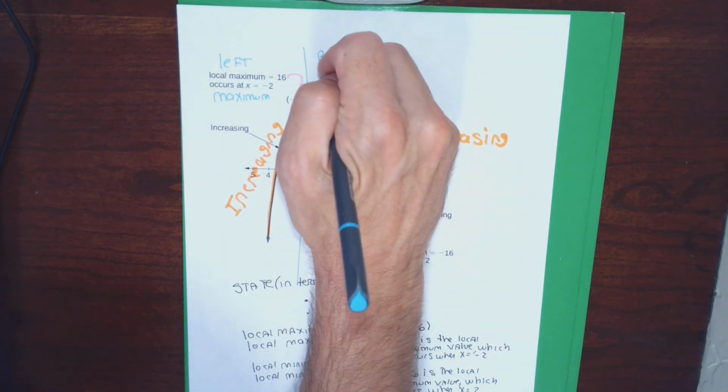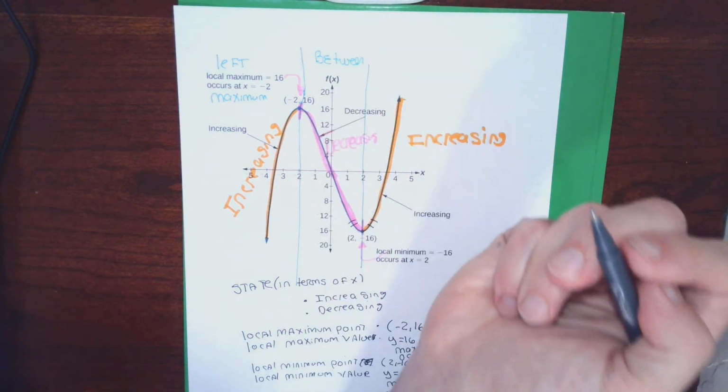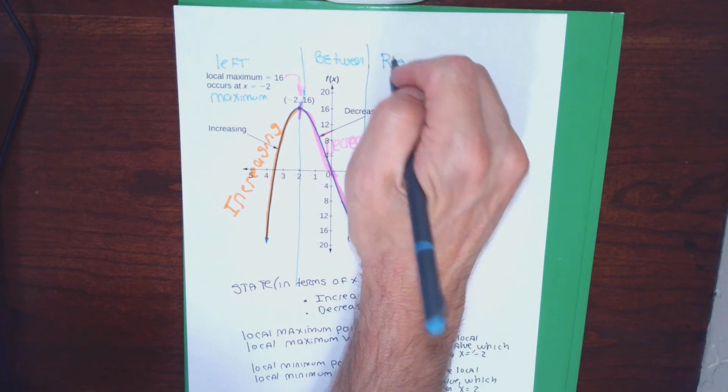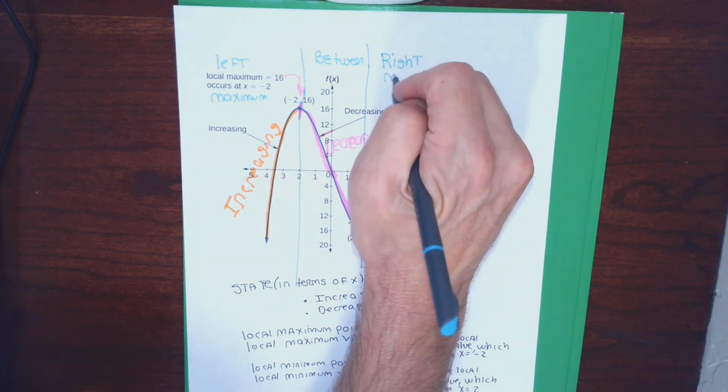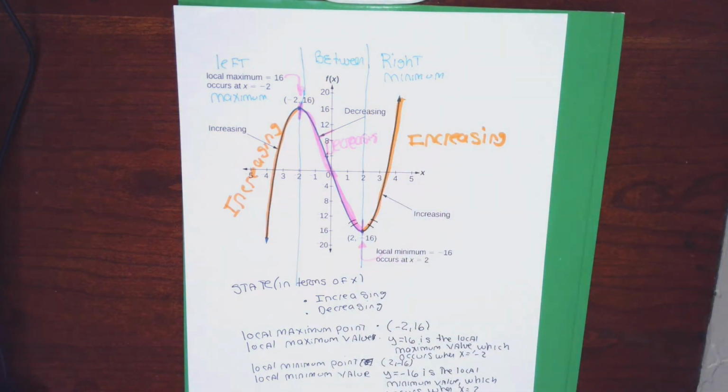There's a region between the max and the minimum point, and there's the region to the right of the minimum point. I need to describe these with round parentheses intervals describing the x's in those regions.